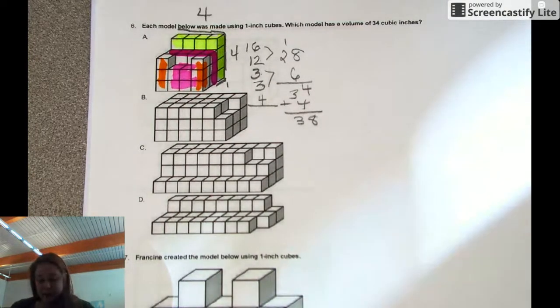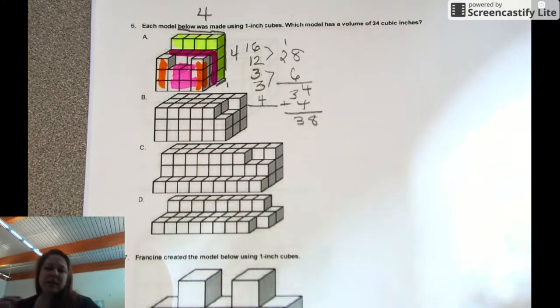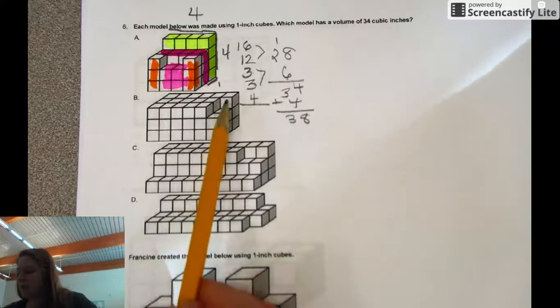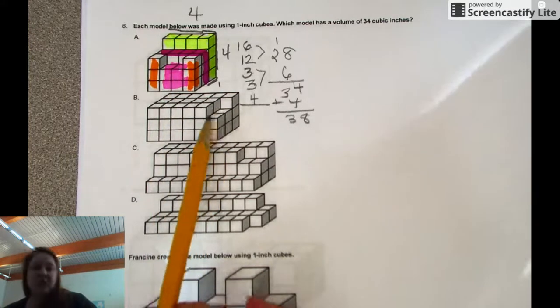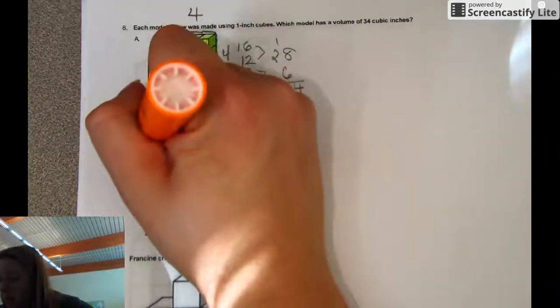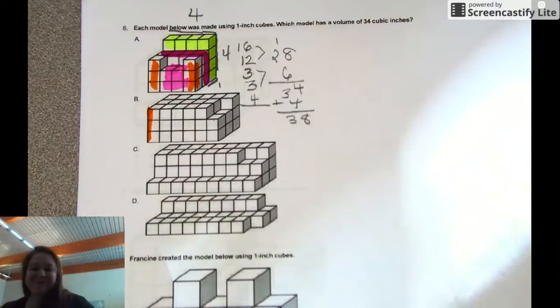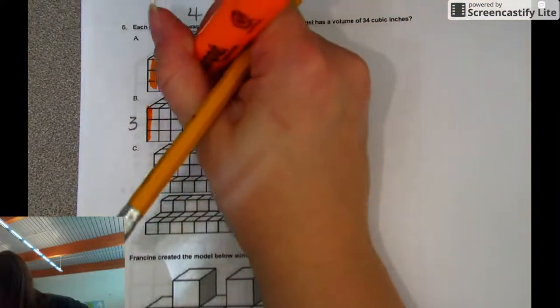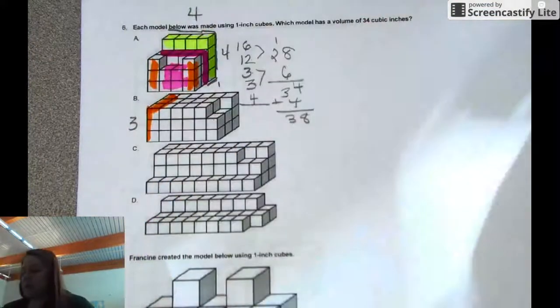Now let's look at section B. What I'm going to do for section B is a little bit different than what I did for A, because A had a variety of different shapes. For section B, I'm just going to count the whole thing, and then subtract the 2 boxes that are missing. So my height is 3. My width is 1, 2, 3, another 3.